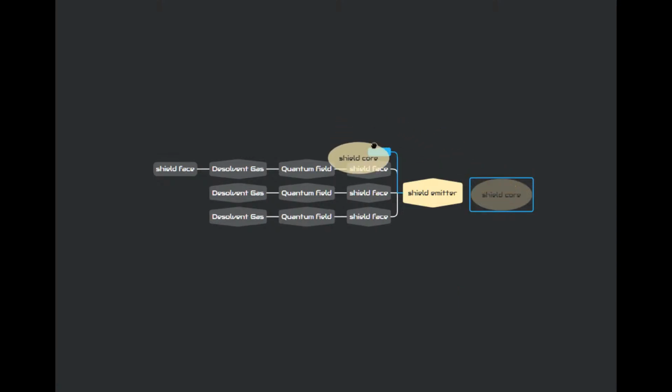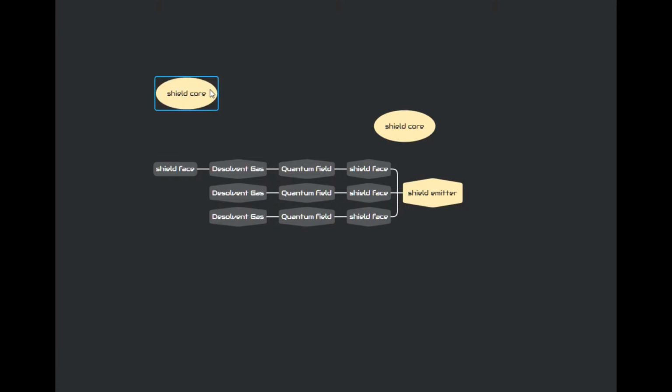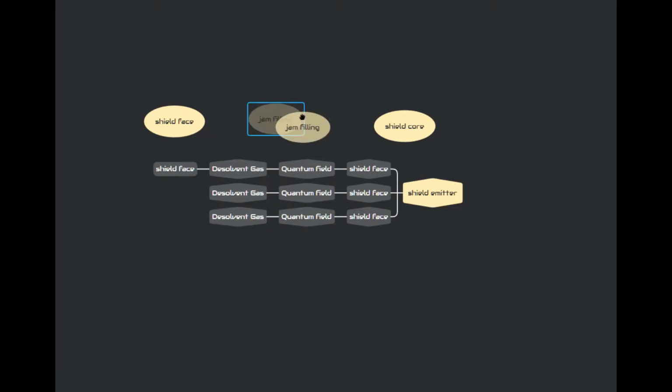So the shield core, which is this part here, and then this shield face. So we'll do this. All right. Shield face, shield core, the jam filling.